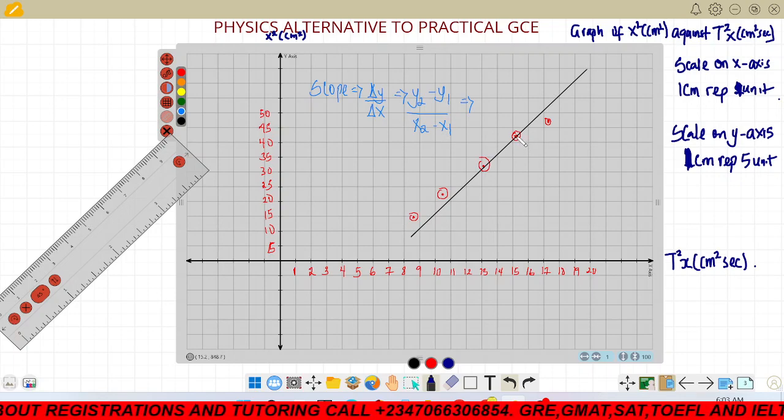I always love to use the points I used for my graph so that it will be easy. I know this point if I trace it down, so I know this value. I'll just draw a short triangle like this, so then I'll be able to get my estimate. For example, I know the value of this.